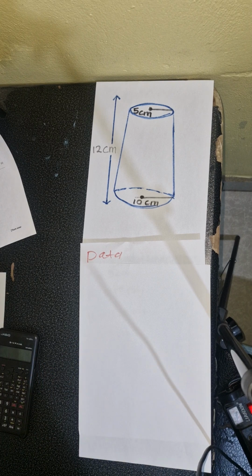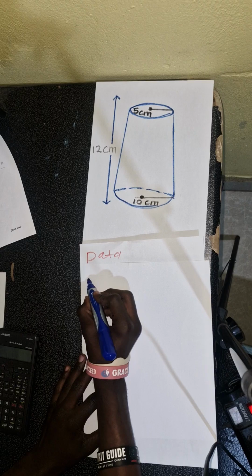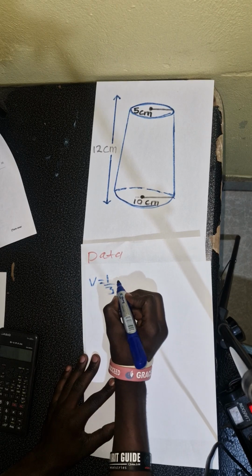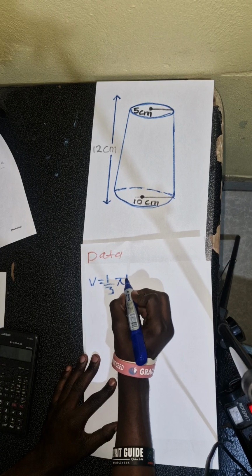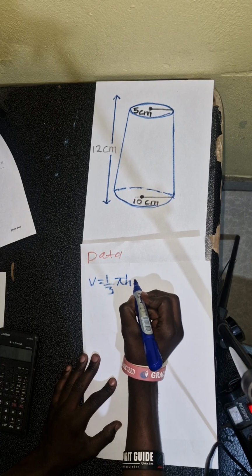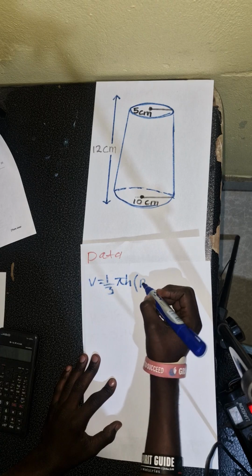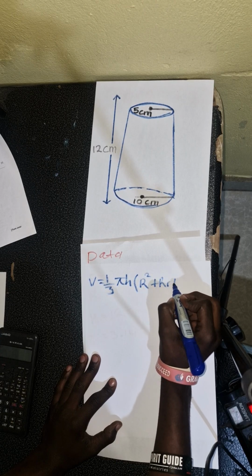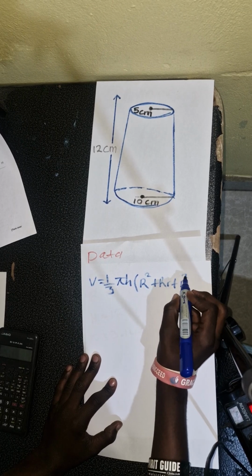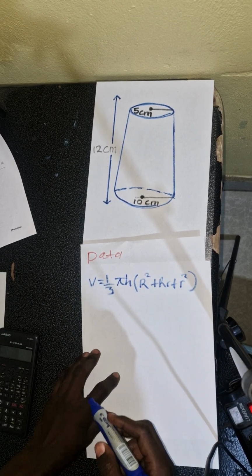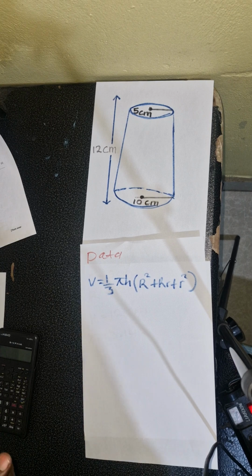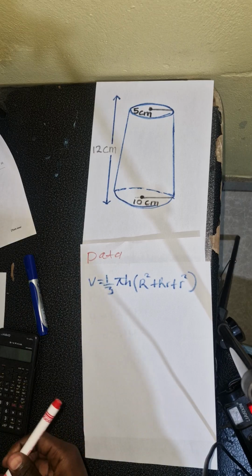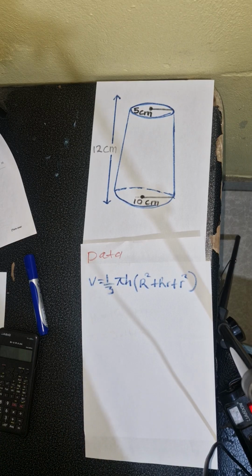The formula we use when finding the volume of the frustum of a cone is volume equals one third pi h, big R squared plus big R times small r plus small r squared. Now we have the formula, we can start substituting the information.